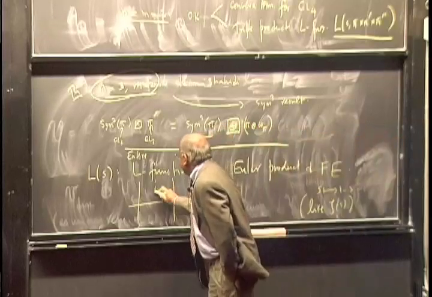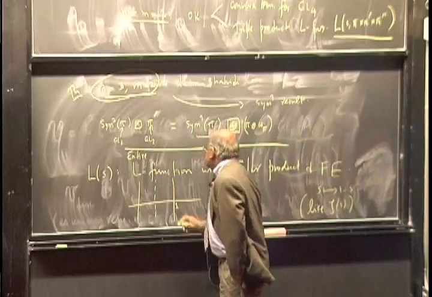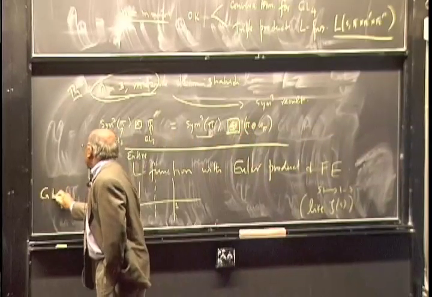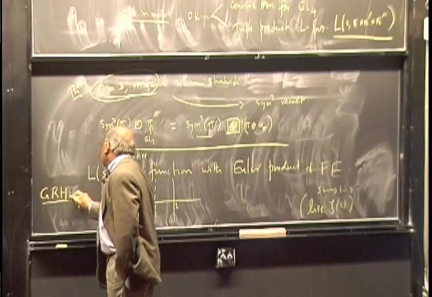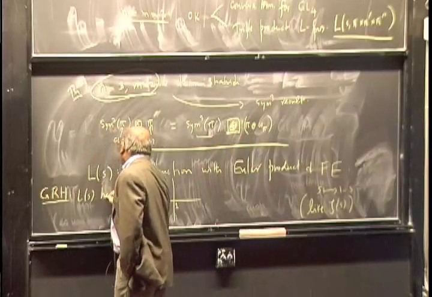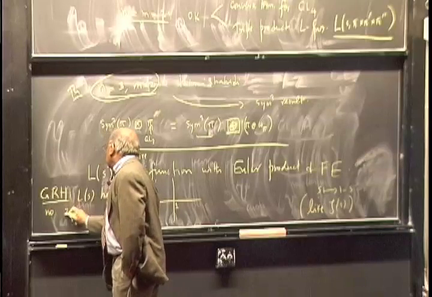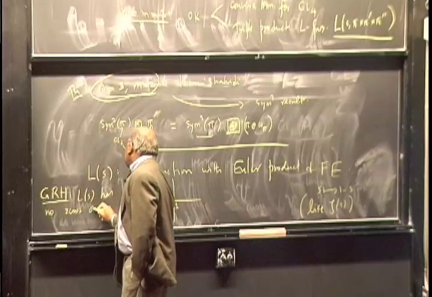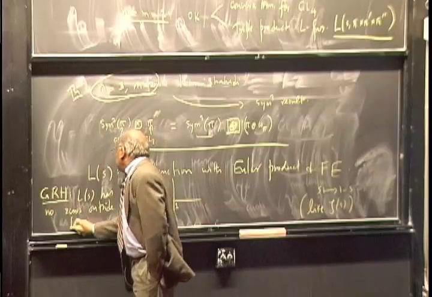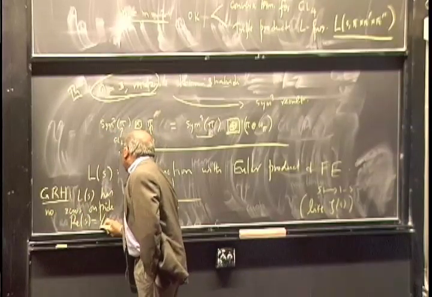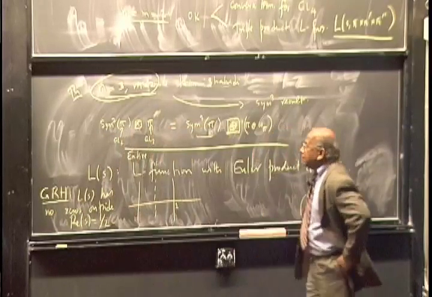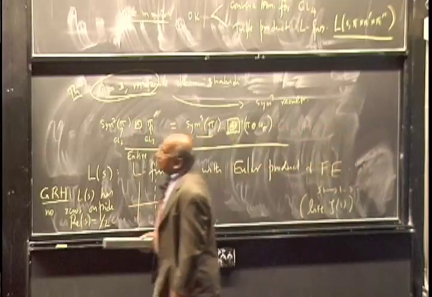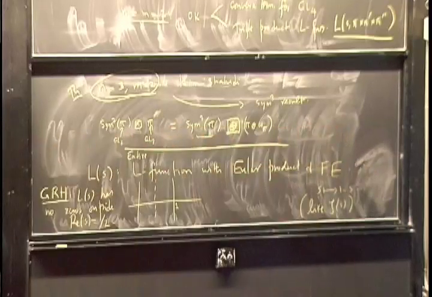So the point is that the general Riemann hypothesis says that L(s) has no zeros outside the real part of s equals 1/2. So that's what it says. And then a few years back I tried to understand this. I was convinced that somehow the Langlands program should give some information about this.